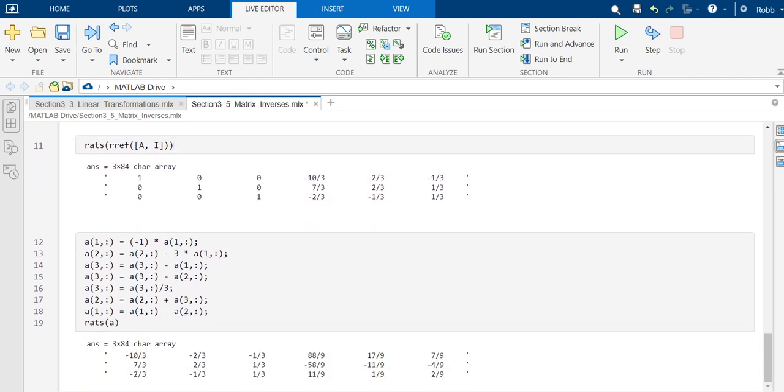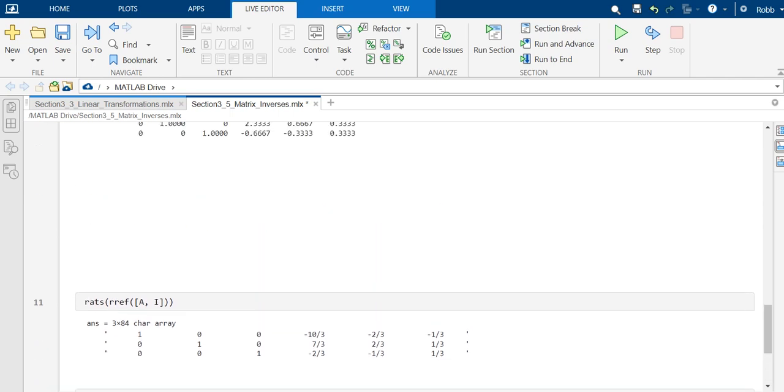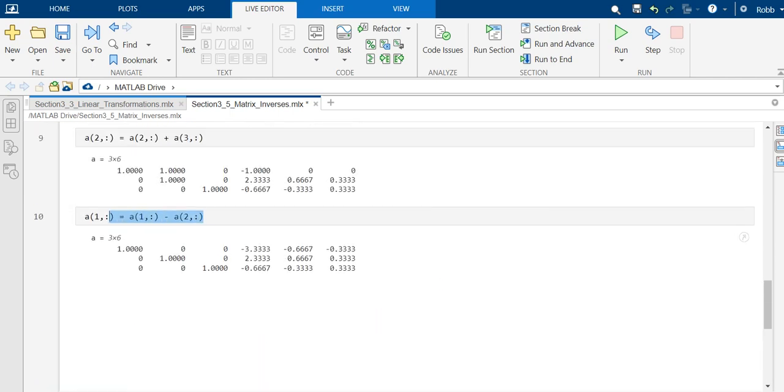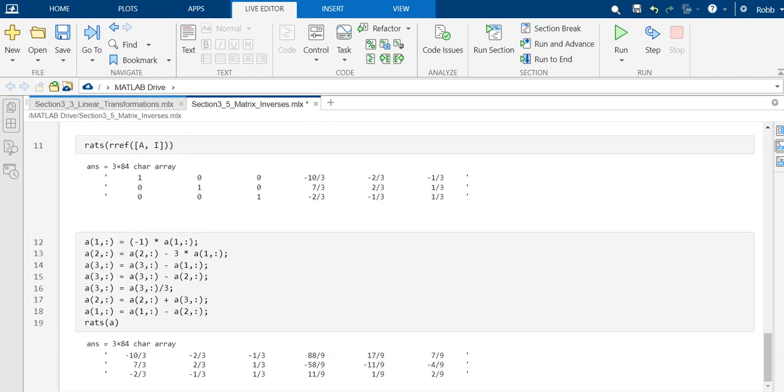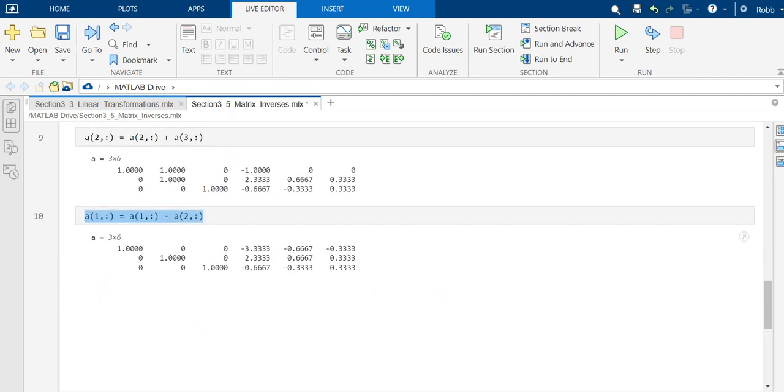And here are all of the row reduction steps that I just did, and we can do RATS A at the end. Okay, so A is starting here, and it just reapplied all of the same steps. That's why this is looking kind of ugly, but this is the correct row reduction steps.